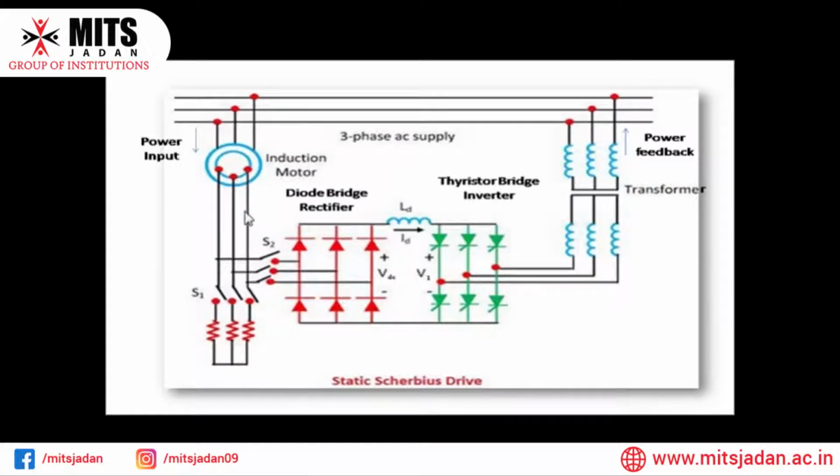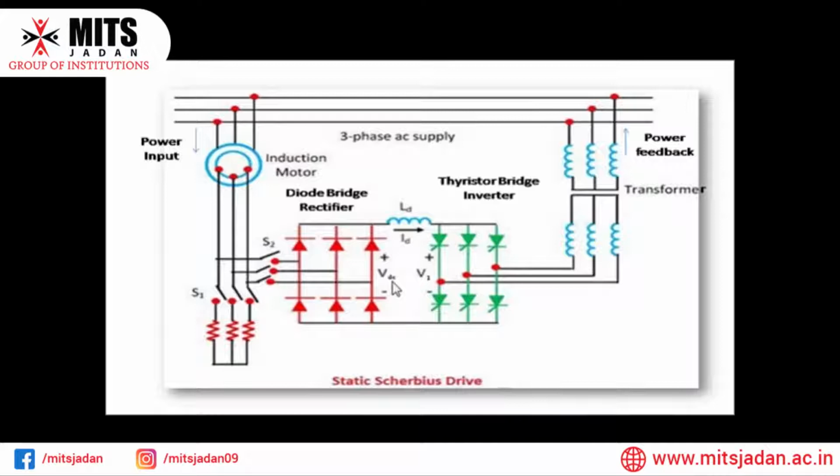Now we can see that the slip ring power is fed to this diode bridge rectifier circuit, and this diode bridge rectifier circuit rectifies the input, and DC voltage is developed.